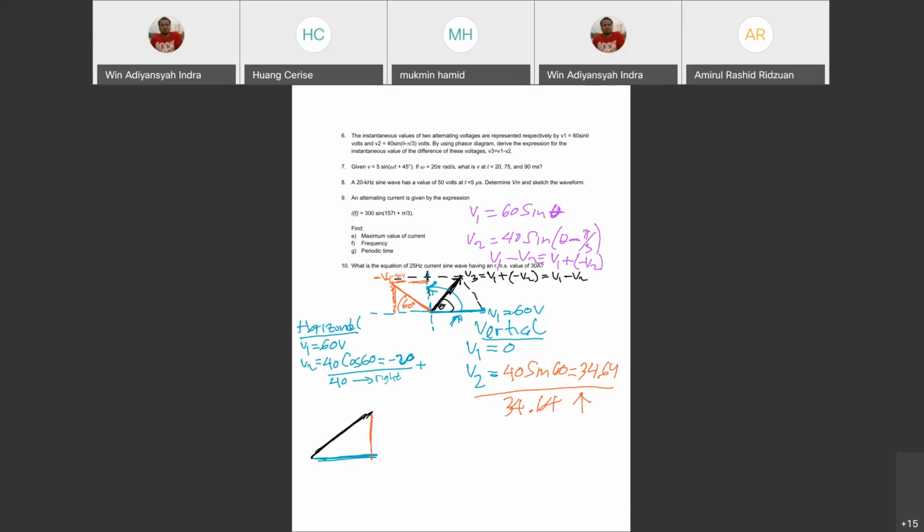Vertical you got 34.64, and horizontal you got 40. So to find V3 we use Pythagoras' law. V3 equals the square root of 40 squared plus 34.64 squared.